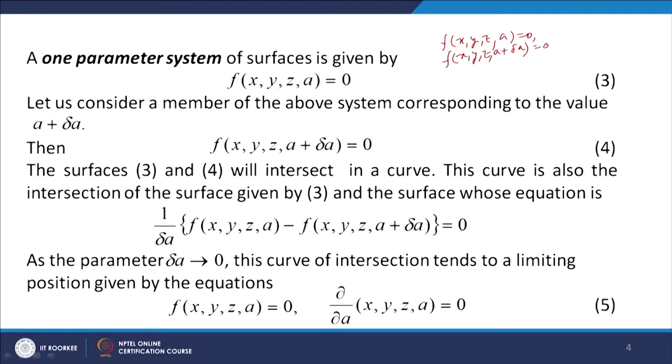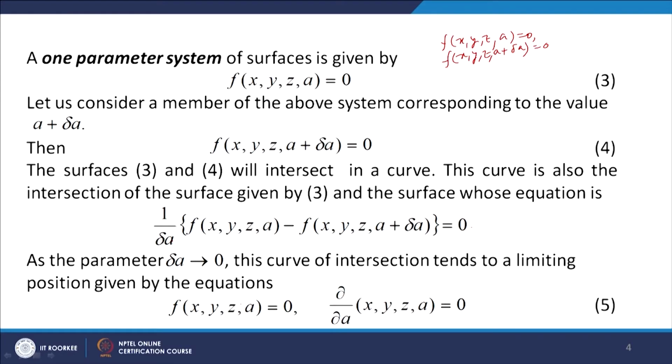When these two equations hold, the equation (1/delta a)[f(x, y, z, a) - f(x, y, z, a + delta a)] = 0 will also hold. So, the curve of intersection of the surfaces 3 and 4 will also be the curve of intersection of the surface 3 and the surface given by this equation. Now, as the parameter delta a tends to 0, this curve of intersection tends to a limiting position.